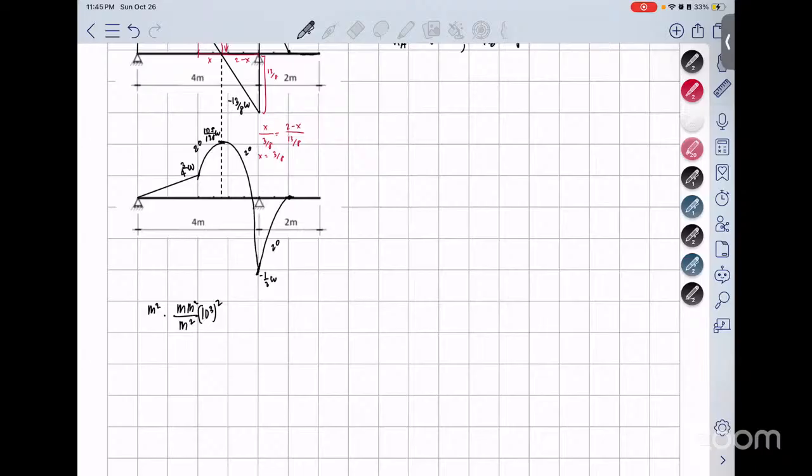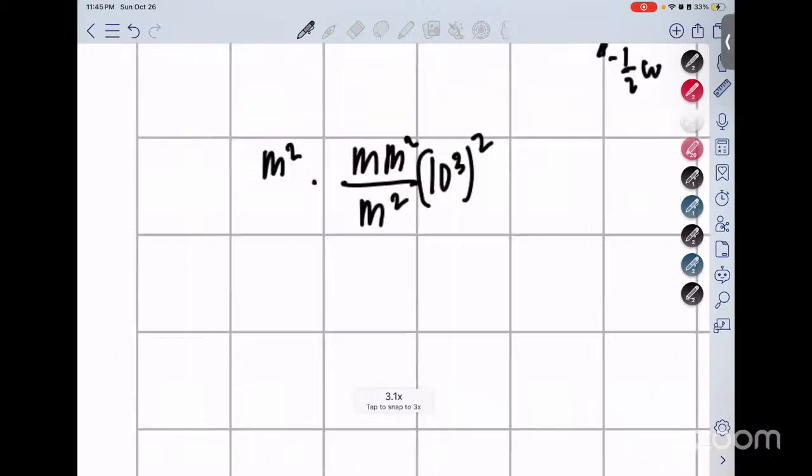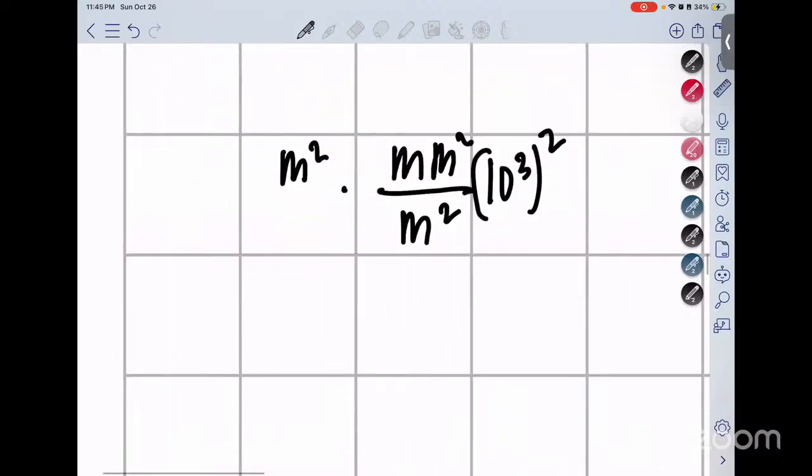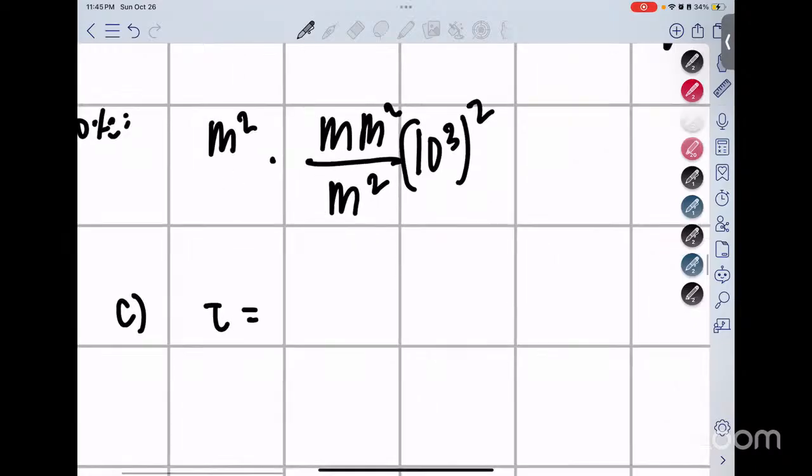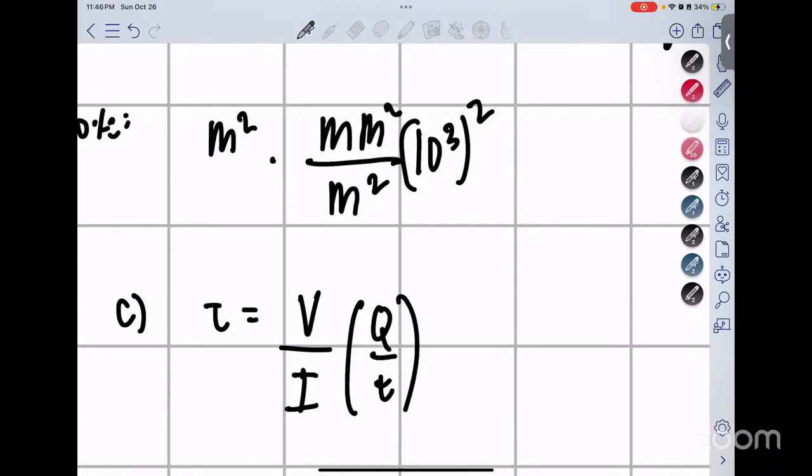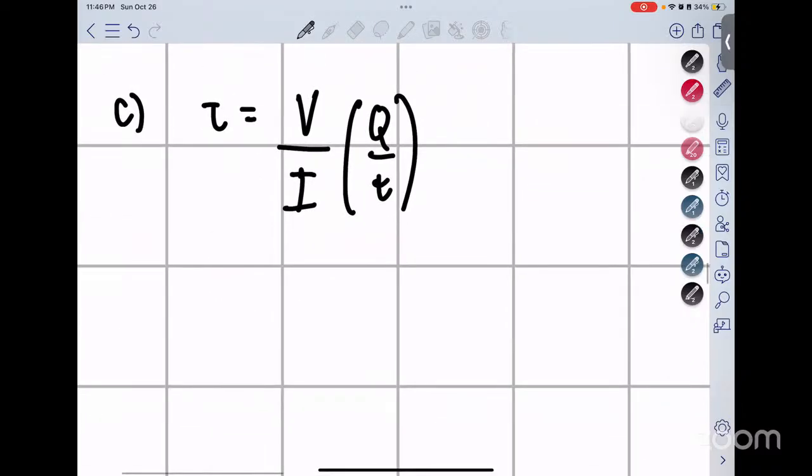So, okay, let's go straight to the calculation. This is just a design problem when it comes to the shear stress. Stress is given by V over I times Q over T. The reason I like to separate them is because you maximize this in design problems.